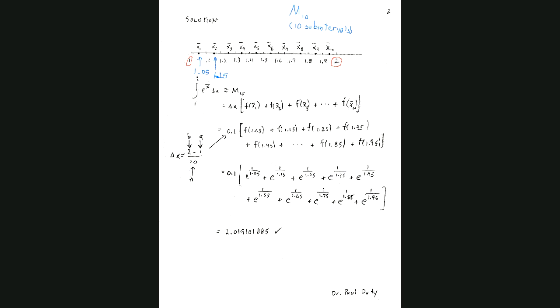All right, so now the definite integral is approximately, notice we have an approximation symbol, not an equals. It's not correct notation to say equals. The definite integral is approximated by M sub 10, the midpoint rule with 10 subintervals. And now I write out the formula.